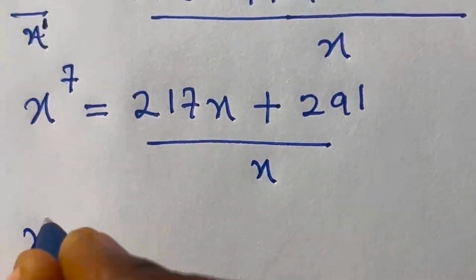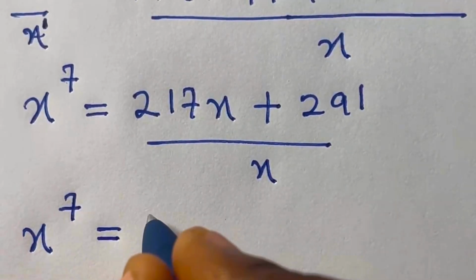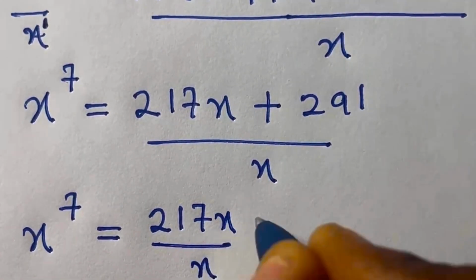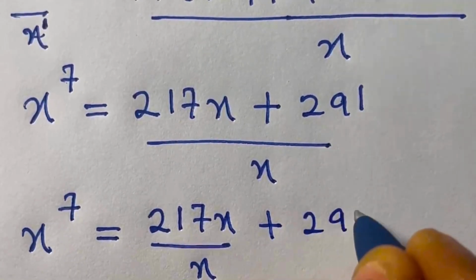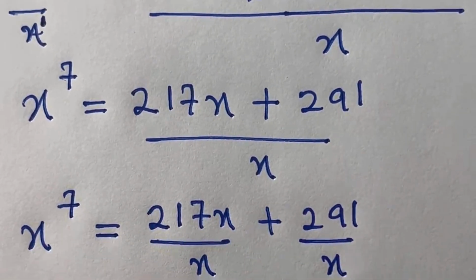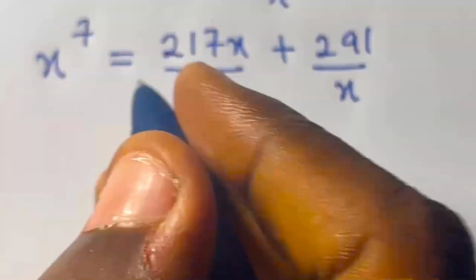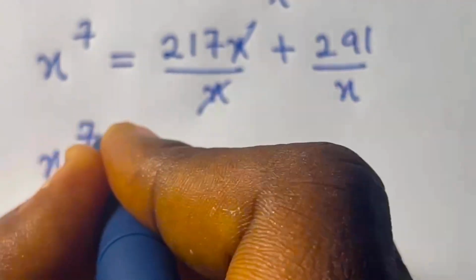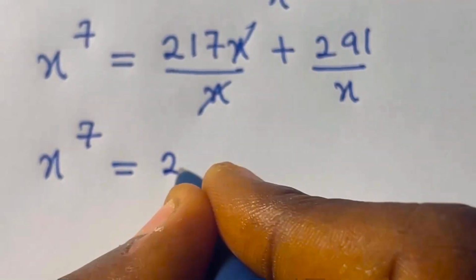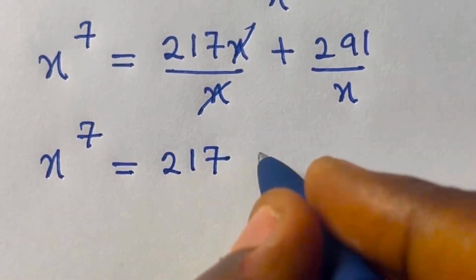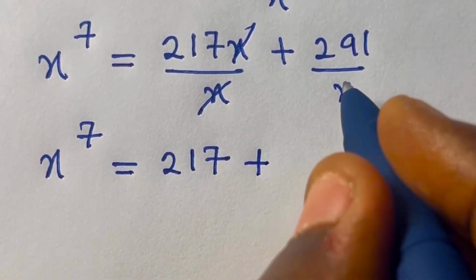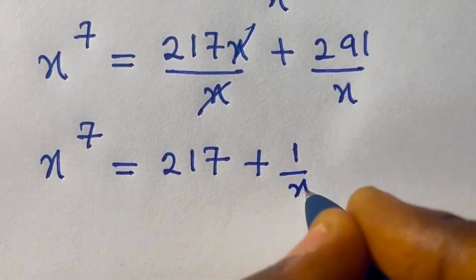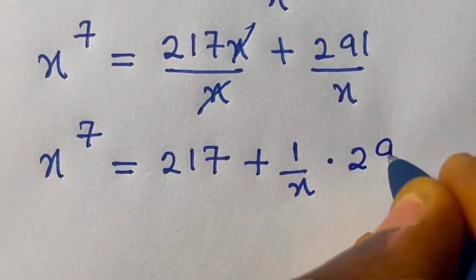So then we have x raised to the power 7 equals 217x divided by x plus 291 divided by x. So therefore, this will cancel this. So we have x raised to the power 7 equals 217 plus, if you look at this, 1 divided by x times 291.